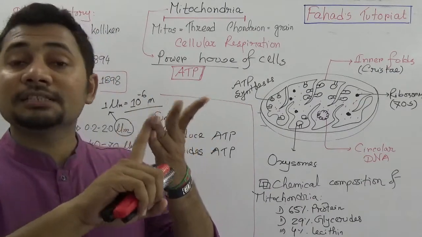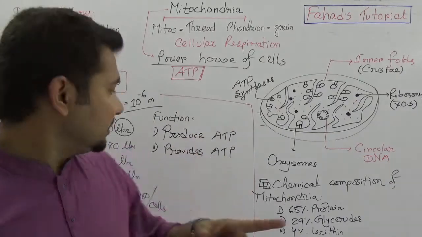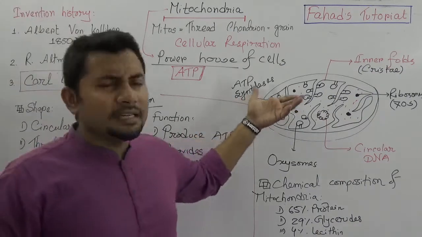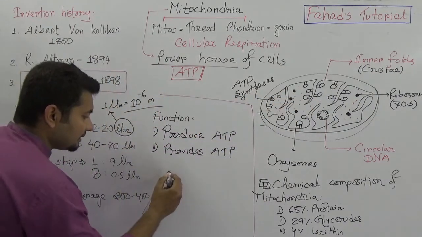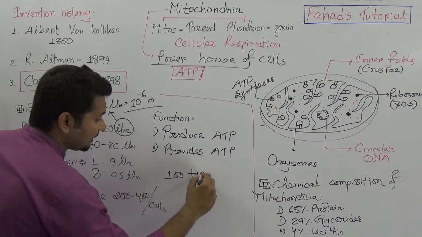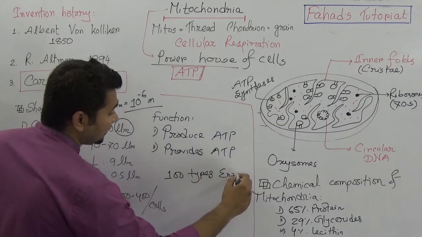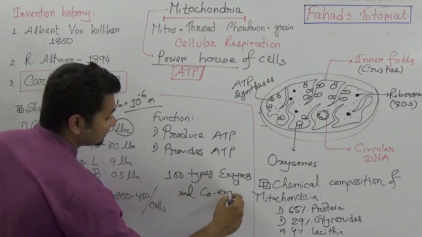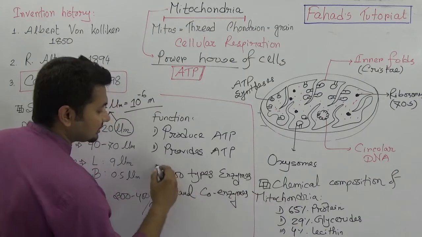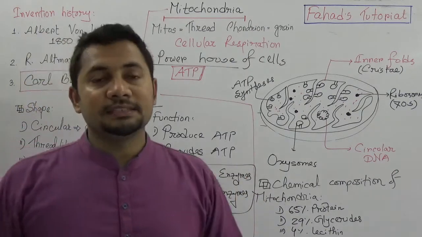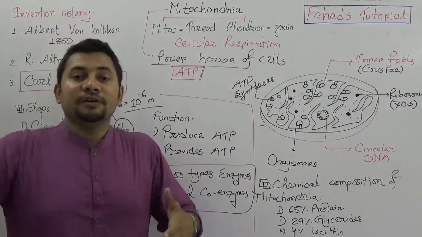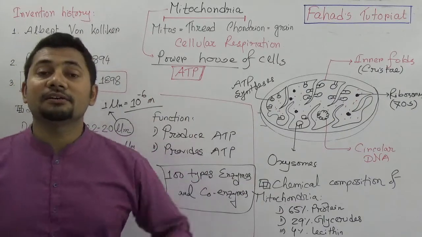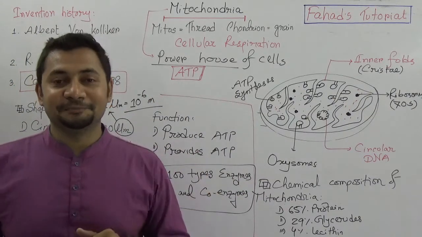These last 2 processes produce ATP, and then it provides ATP. In mitochondria there are more than 100 types of enzymes and coenzymes, and this series of enzymes and coenzymes takes part in producing ATP inside the mitochondria, and that's why mitochondria are called the powerhouse of the cell.